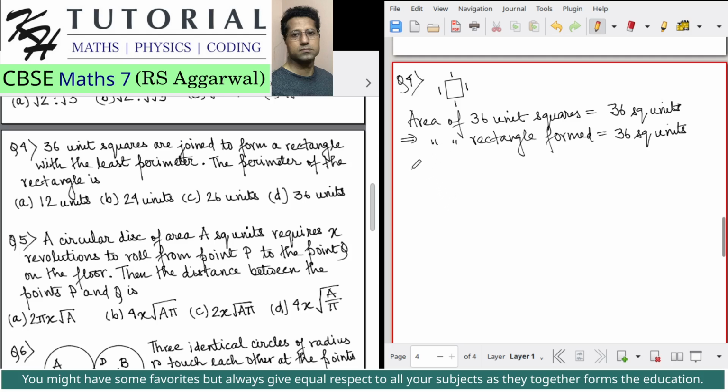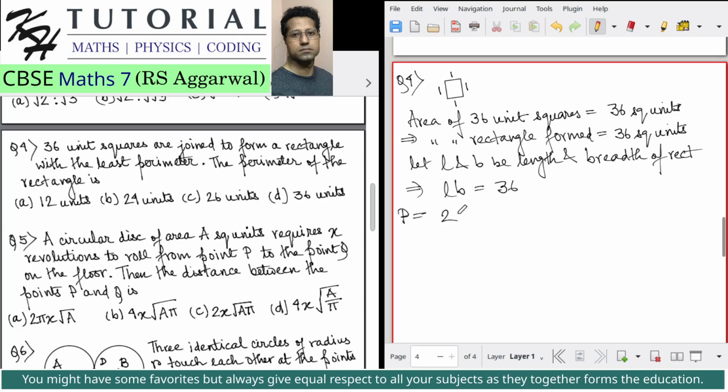Let L and B be the length and breadth of the rectangle. So this implies we must have L into B, area, is 36. Perimeter has to be least.